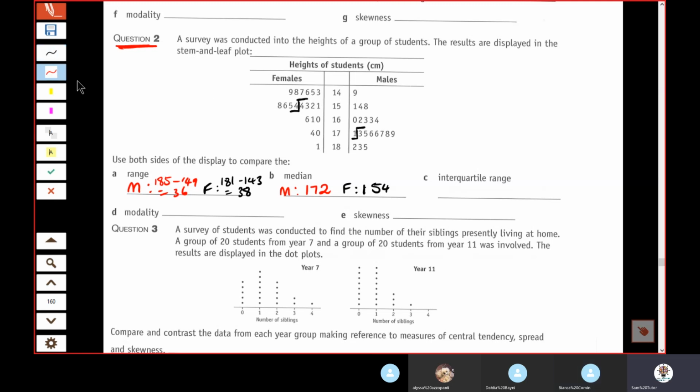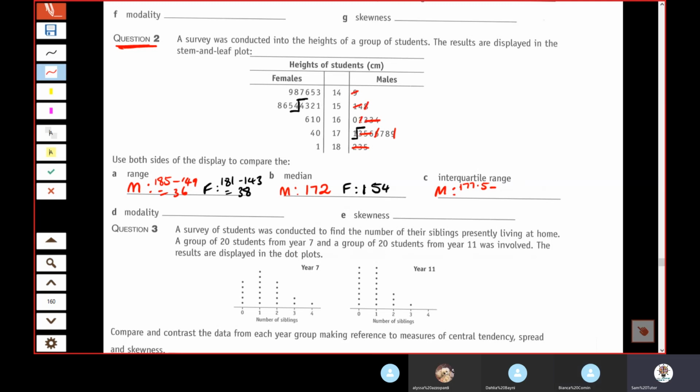All right, let's do males first. Males, cross out lowest 3. This or this, you're left with 177.5. So 177.5 minus, do the same thing again. Cross out 1, 2, 3, cross out 1, 2, 3.